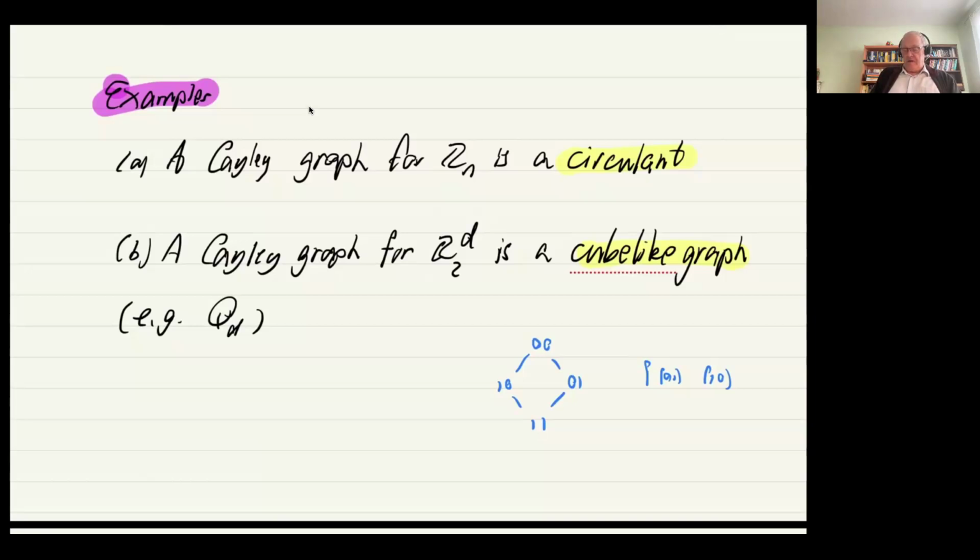So this edge corresponds to this element of the connection set, and so does this edge. You're adding (1,0) to (0,1) to get (1,1). You add (1,0) to (0,0) to get (1,0). So these two edges correspond to (1,0). The other two edges correspond to (0,1).